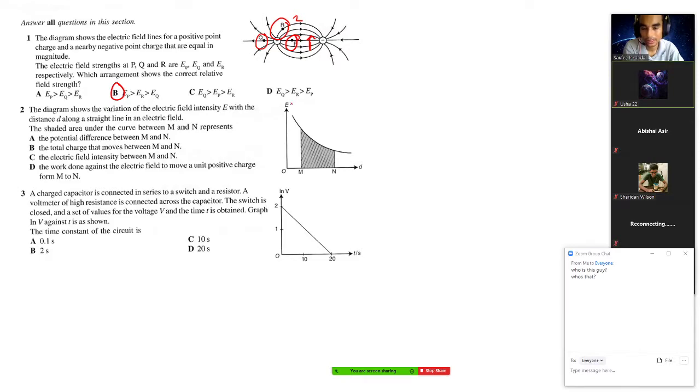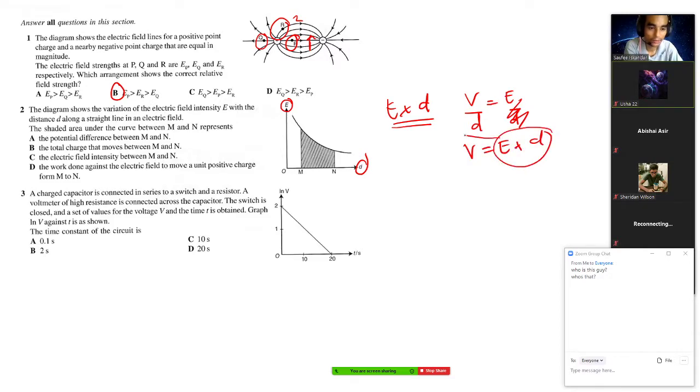So this is E against D, so the area is E times D. Remember E equals V over D, so V equals E times D. So you can see that E times D here is the area under the graph. So the answer would be A, the potential difference between M and N.